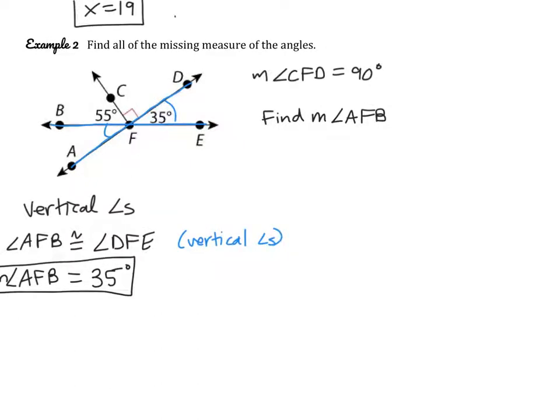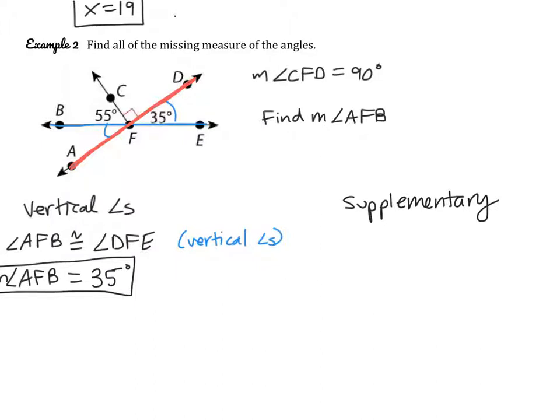So now let's see if we can find the same answer in a different way. Let's see if we can use supplementary angles to make an equation and solve for that same angle. So again, supplementary angles are angles that add up to 180 degrees. So if you ever want to look for supplementary angles, all you have to do is find a straight line.